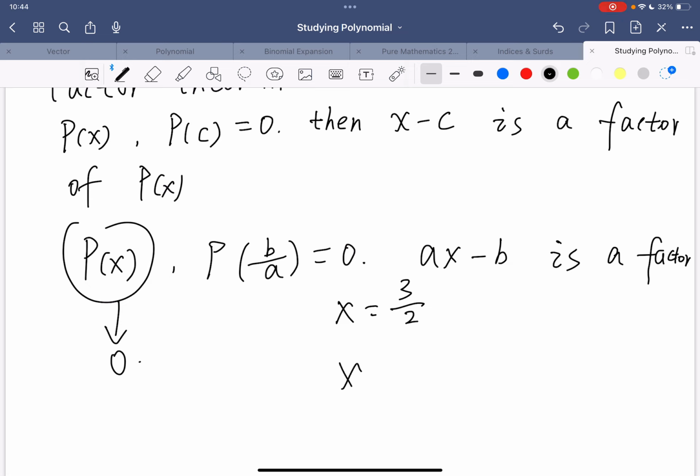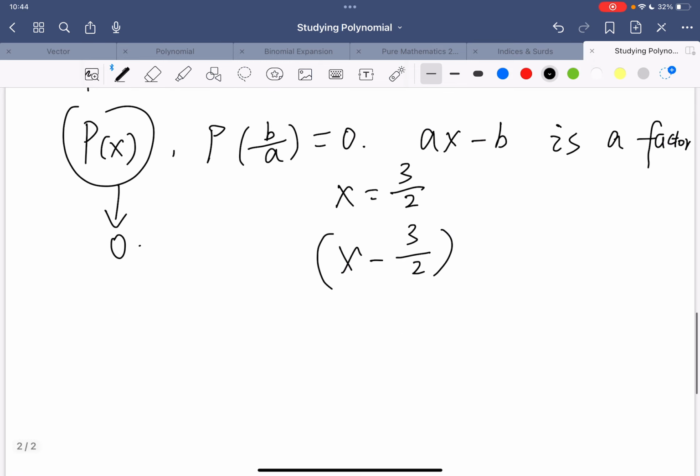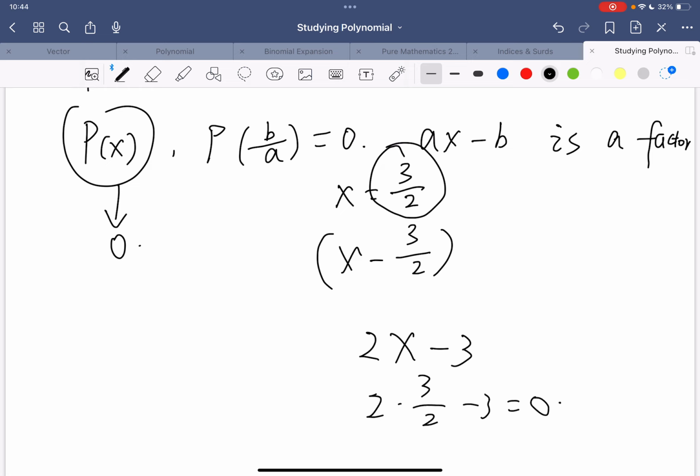Should we write x minus 3 over 2? It's not the common way we usually write. So what is the common way we write it? We write 2x minus 3. And when x equals 3 over 2, 2 times 3 over 2 minus 3 equals 0.